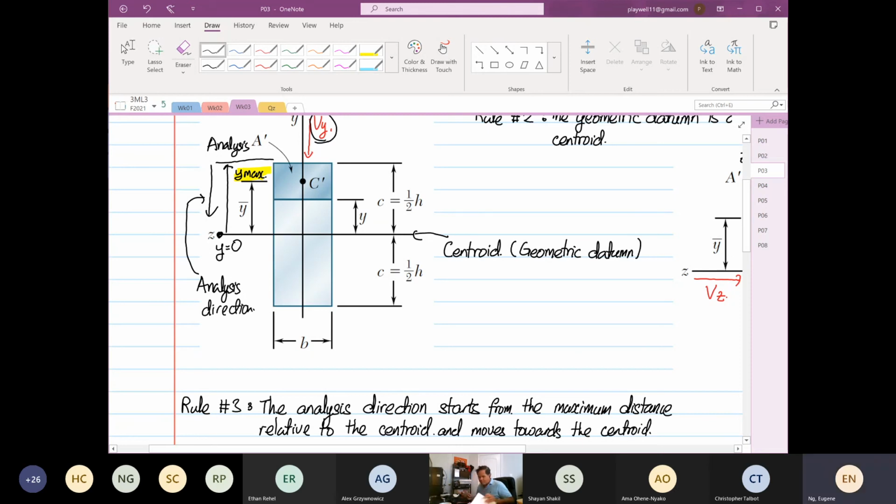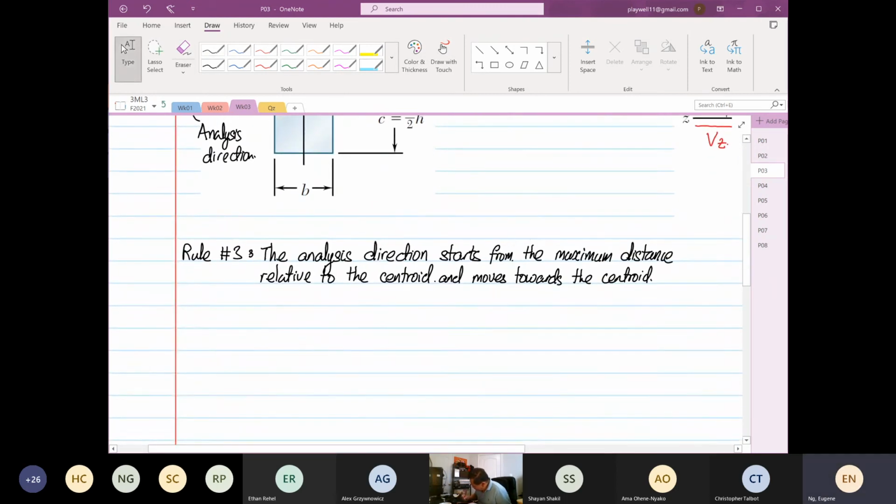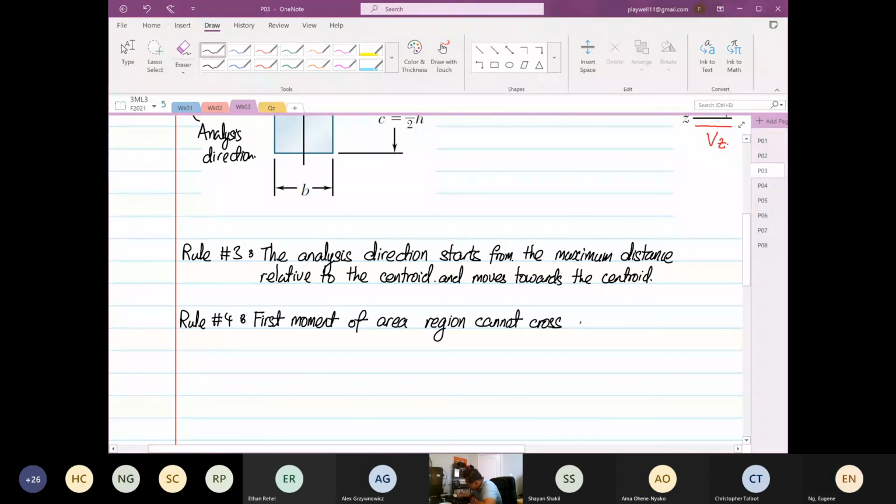And rule number 4, a very important rule, is that the first moment of area region cannot cross or intersect the centroid.